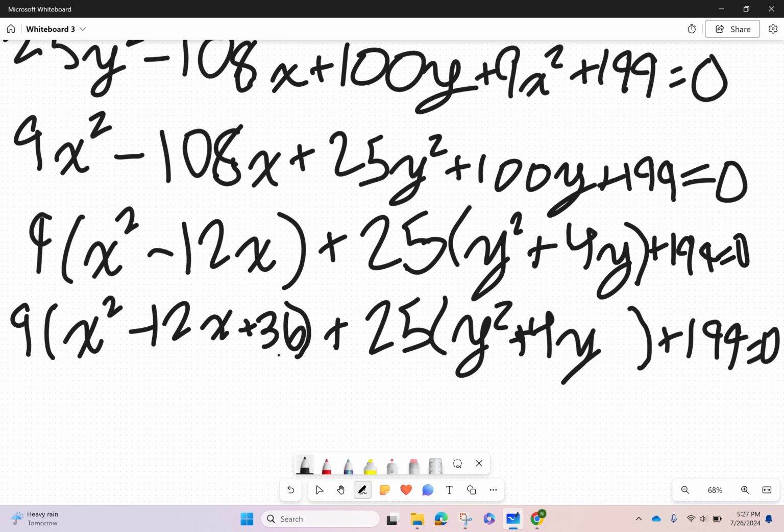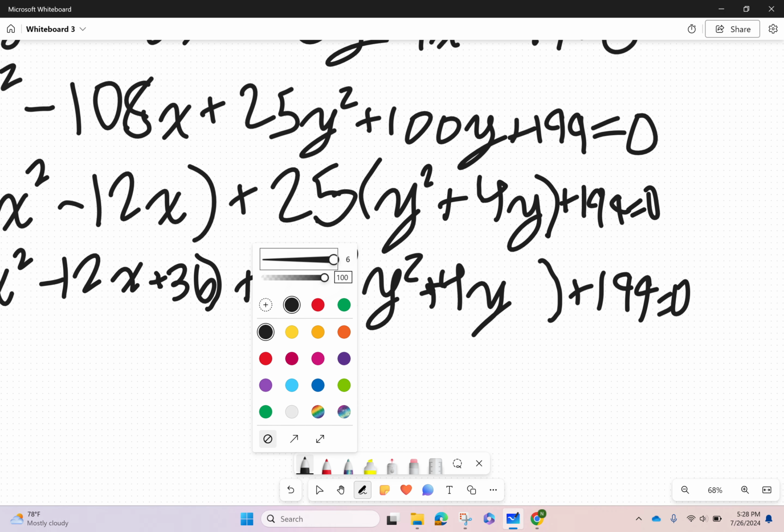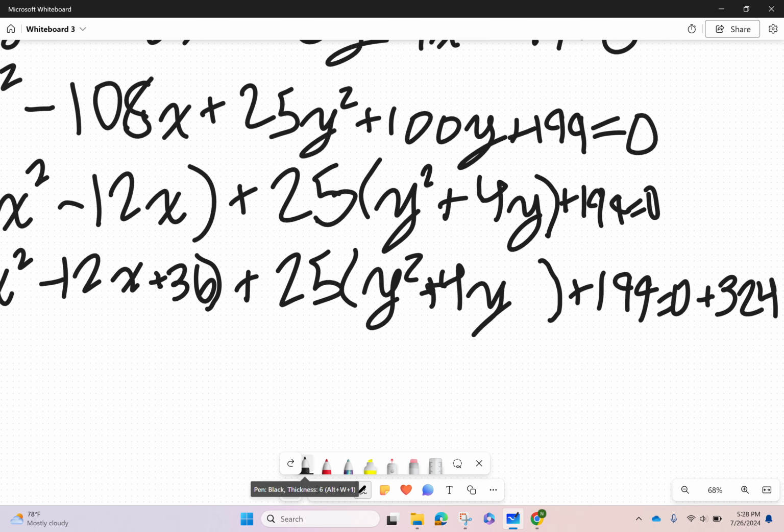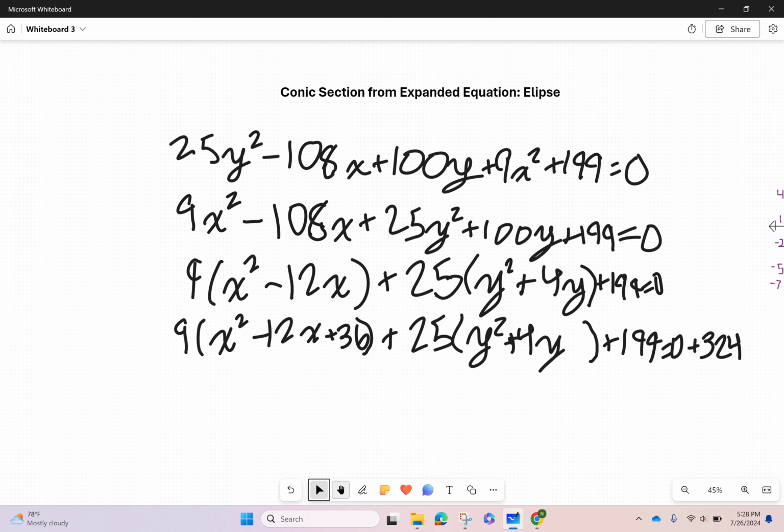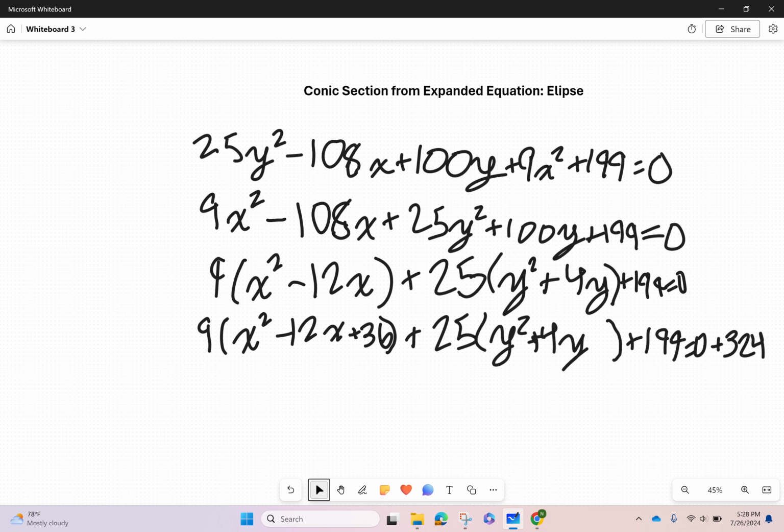And 9 times 36 is plus 324, right? Because that's what 9 times 36 is. Let me zoom out a little bit so we can see that a little better. So now we have plus 324.